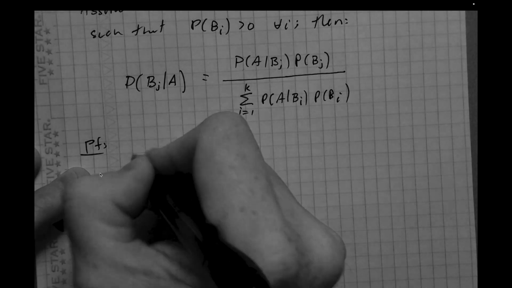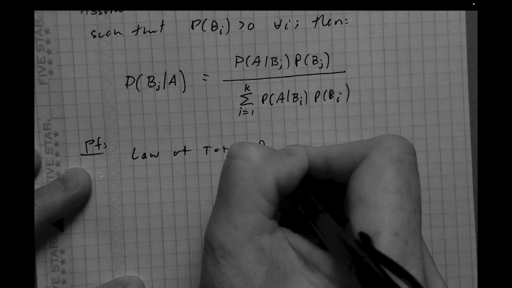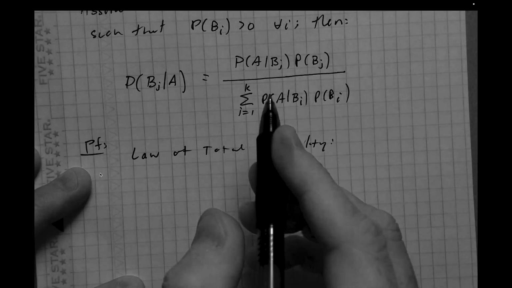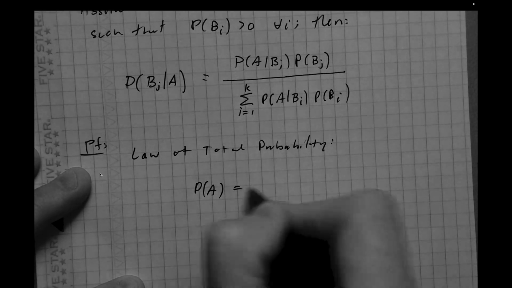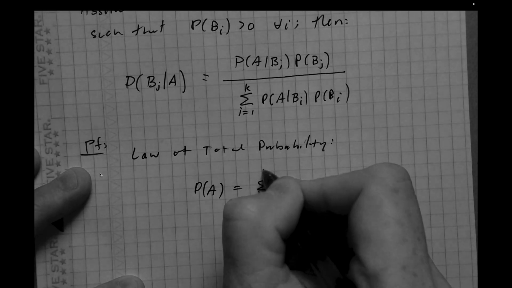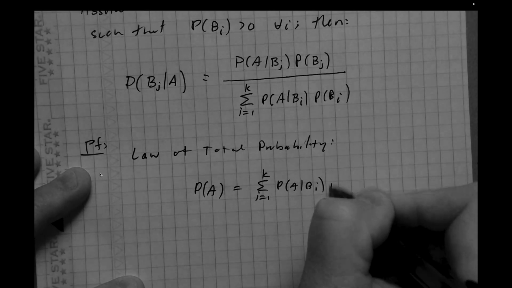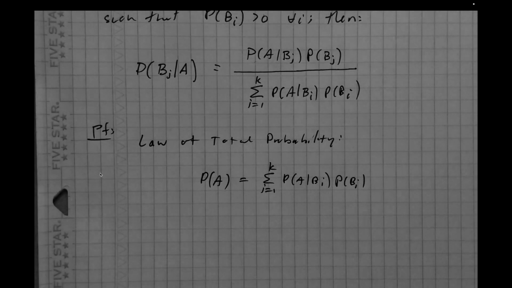We basically have the law of total probability. What does it say again? Well, it says that the probability of an event A is equal to the sum i equals 1 up to K of the probability of A given Bi times the probability of Bi.